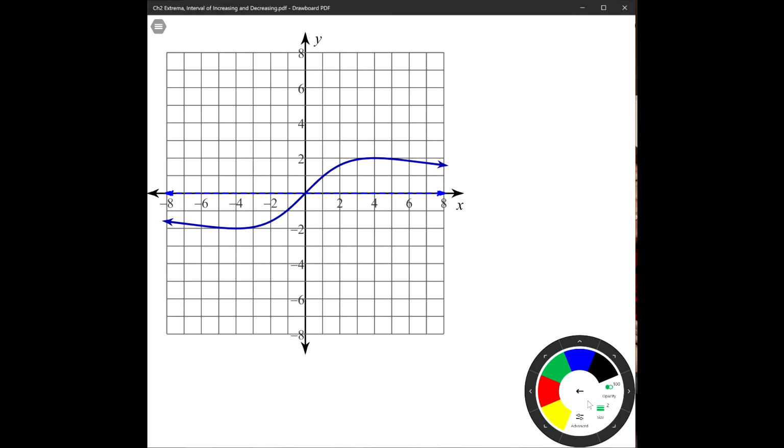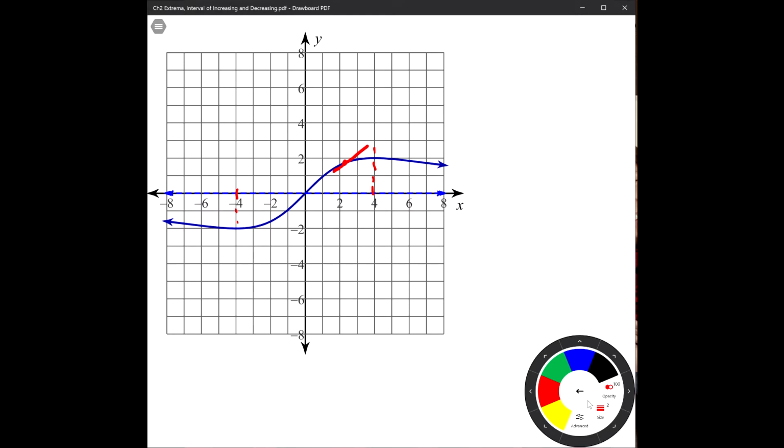For example, I will pick the interval from -4 to 4 right here. If I pick any point on the graph, maybe this point right here, and I draw a tangent line through this point, my tangent line has a positive slope.